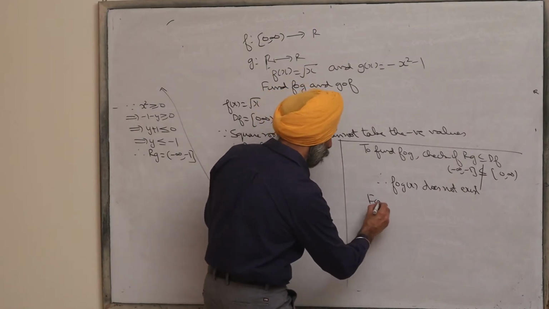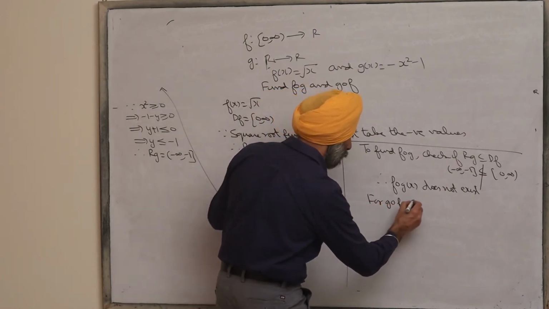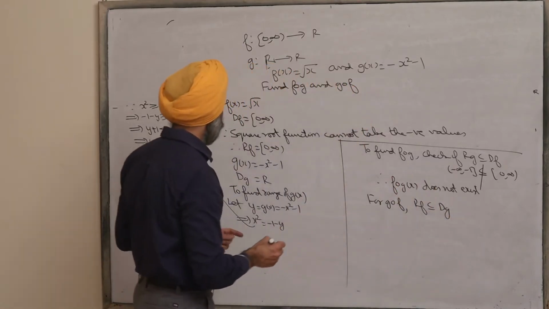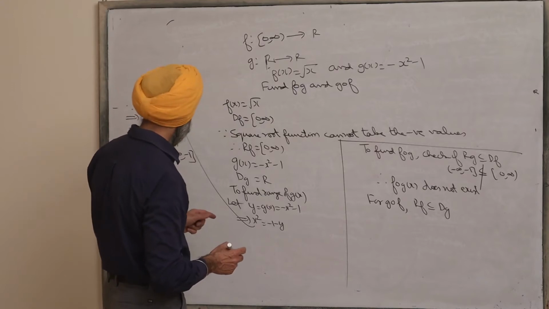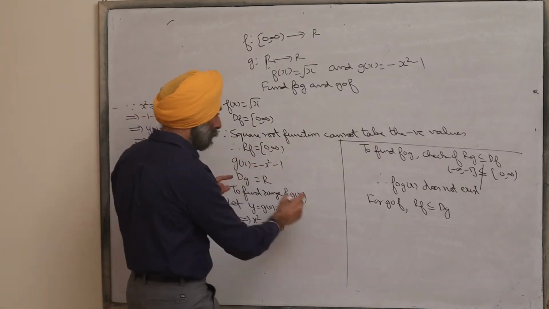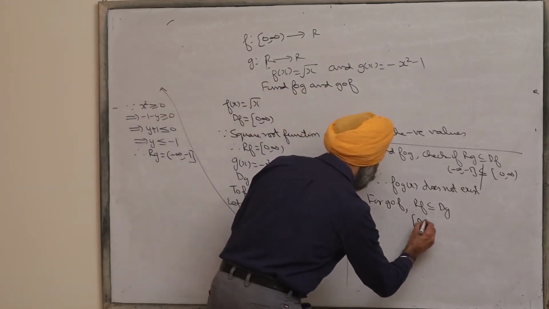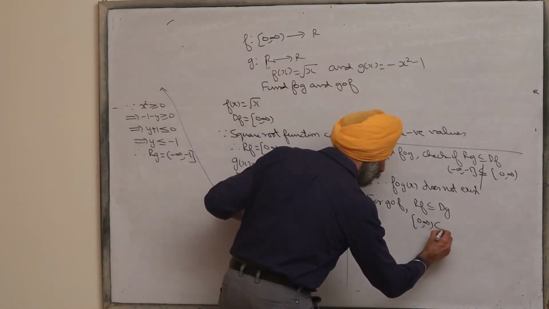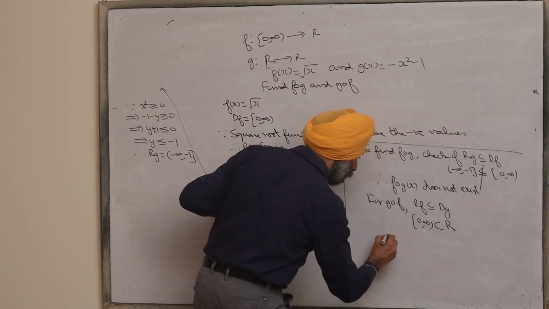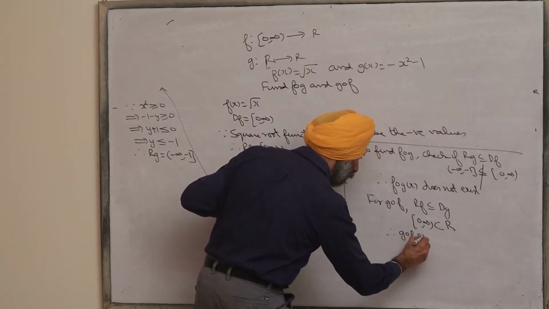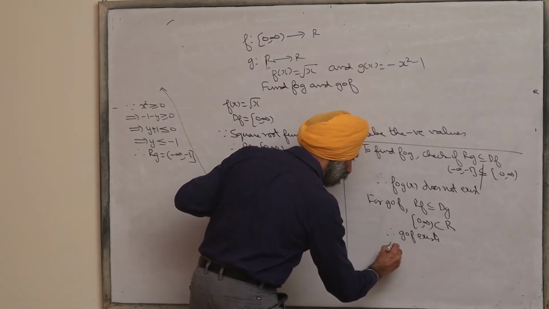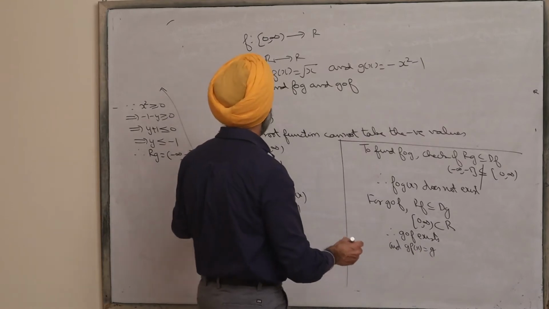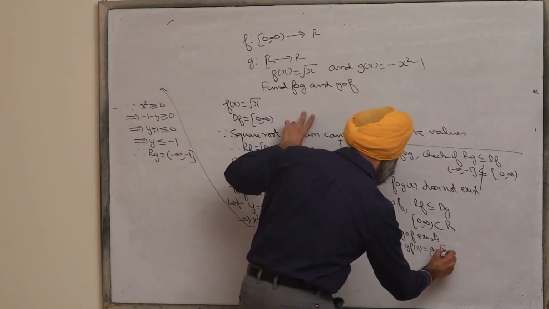Now for g of f, range of f should be a subset of domain of g. So where is range of f? Range of f is 0 to infinity. Now domain of g is R, so therefore g of f exists, and g of f(x) is equal to g of root x.